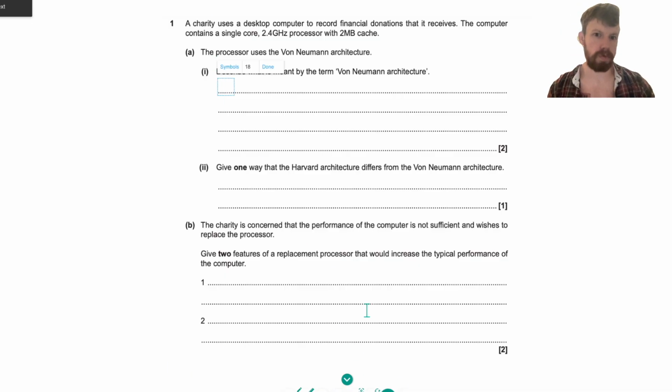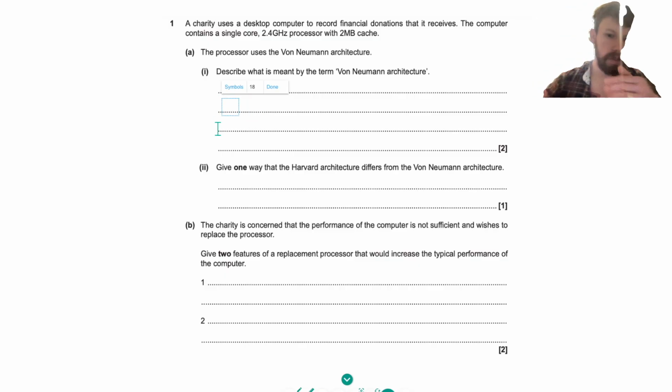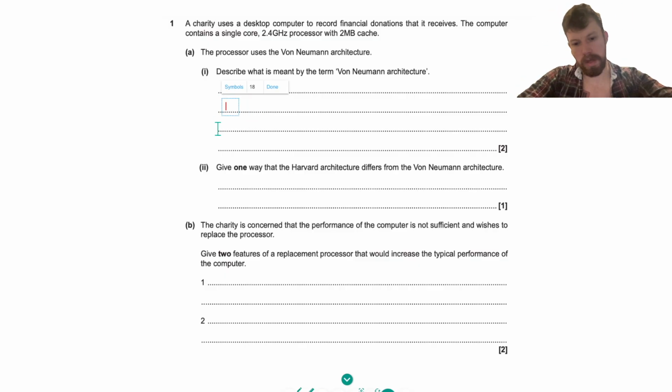So the first one that we've got here is: describe the von Neumann architecture. With the von Neumann architecture, the way that they're going to be talking about this question is it's all to do with how the CPU is set up. They've given us a little bit of information up at the top here, talking about how it's got 2.4 gigahertz, 2 megabytes of RAM.